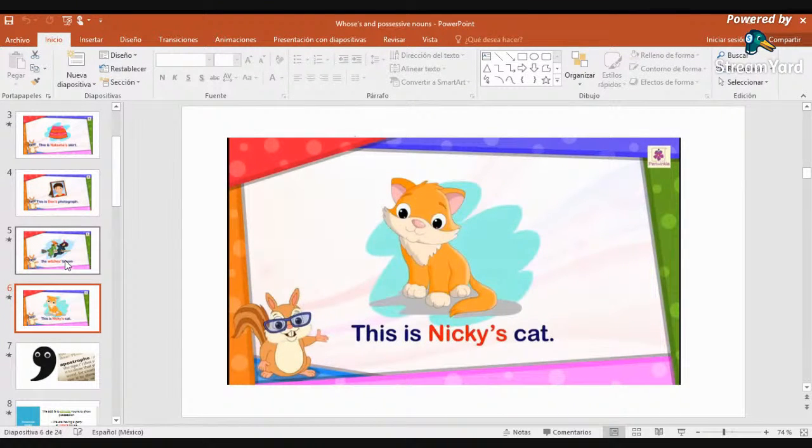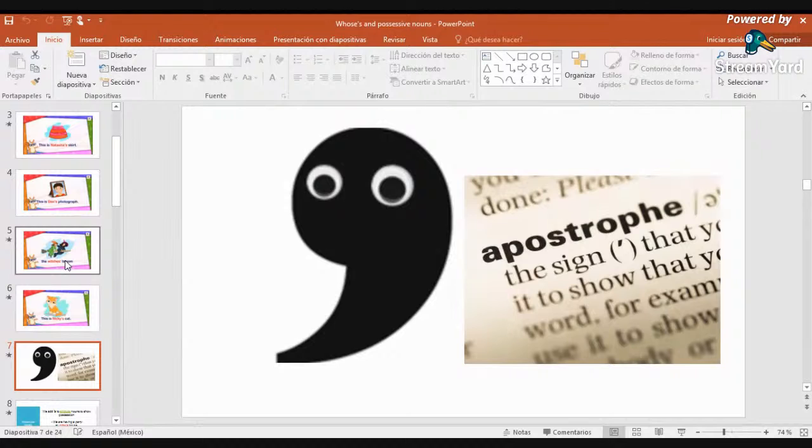And we observe that with the possessive nouns, we need this symbol called the apostrophe. And then we need an S. Okay, so, but what's the use of this structure? Well, to show possession.